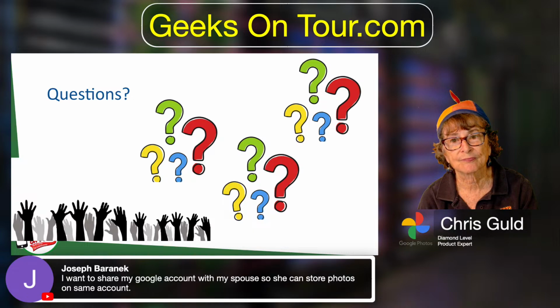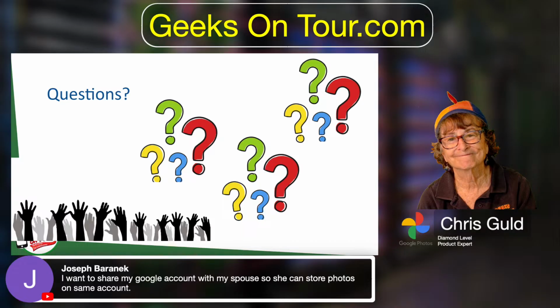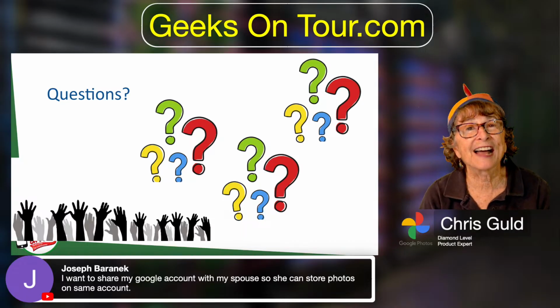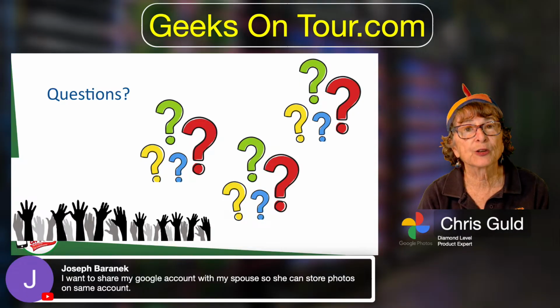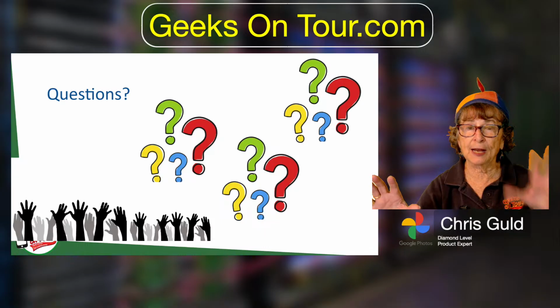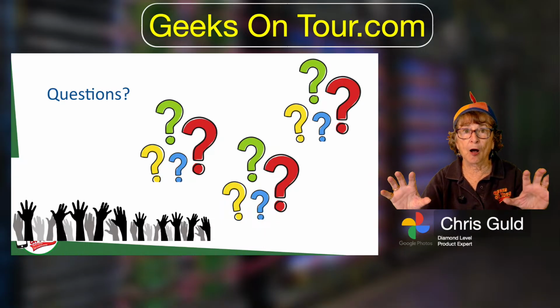I want to share my Google account with my spouse so she can store photos on the same account. I highly advise against that. There's this thing called partner sharing, which you can each have your own account, but all your photos are shared with each other.